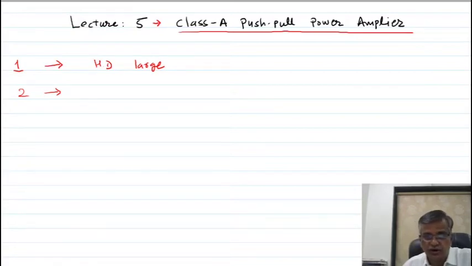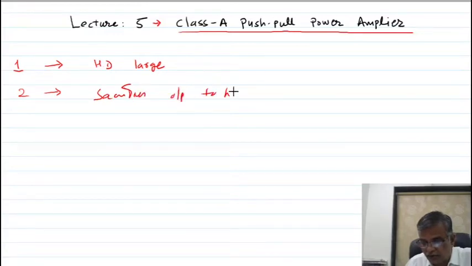For a good power amplifier, the harmonic distortion should be less. So one has to sacrifice the output power to have a low value of harmonic distortion. This is called the second disadvantage of a transformer coupled amplifier.